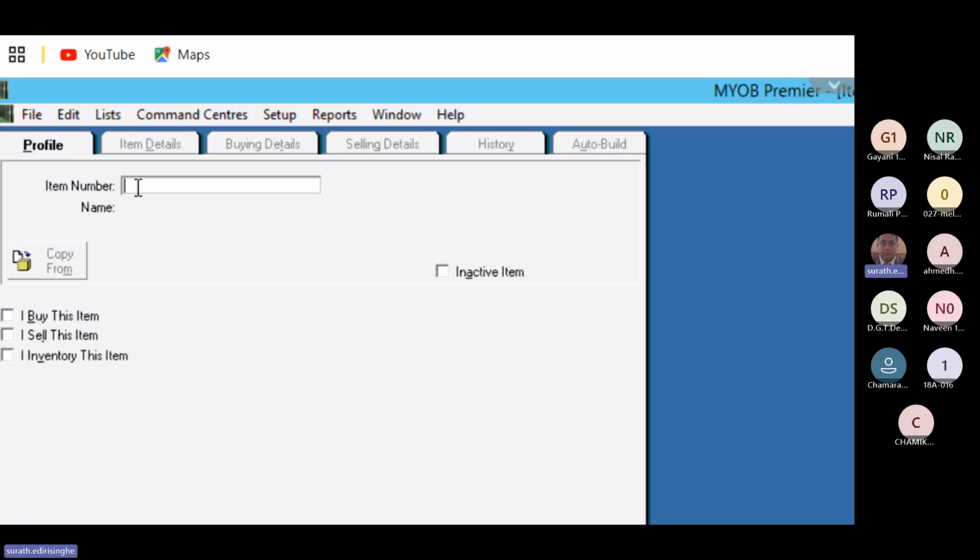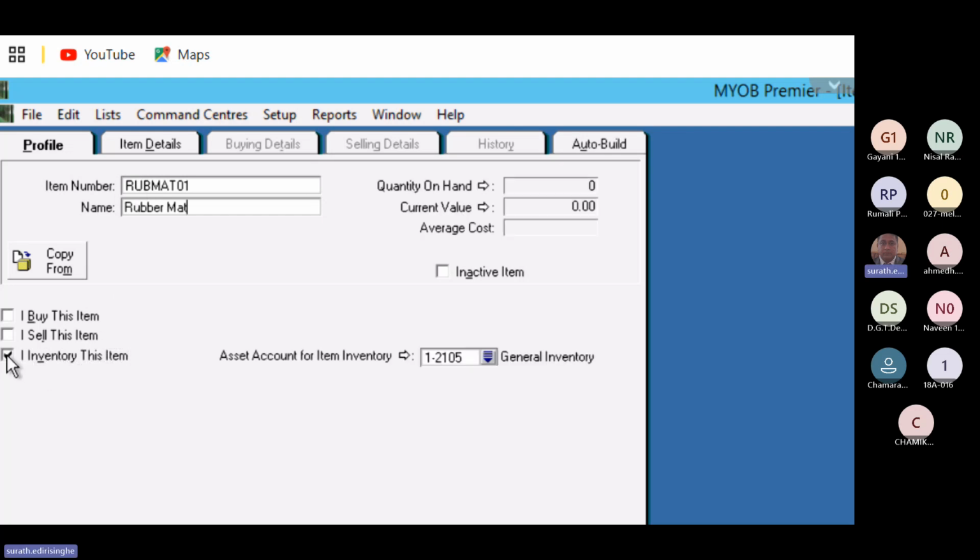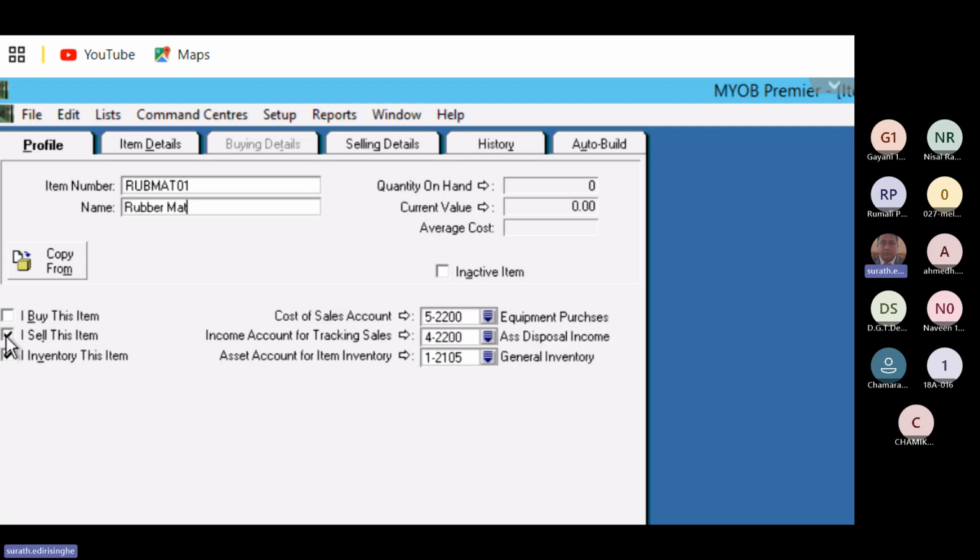Sorry, put RUB rubber mat 01. Rubber mat. I inventory this item, sell this item to the disposal income, and I buy this item to my equipment purchased.